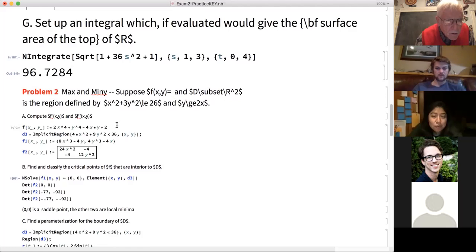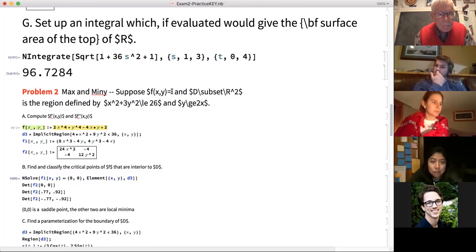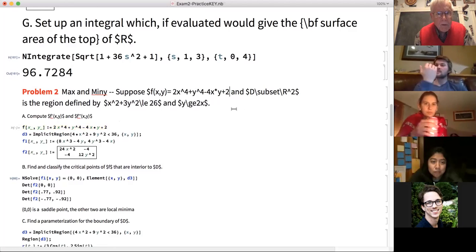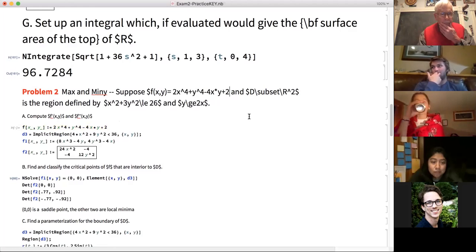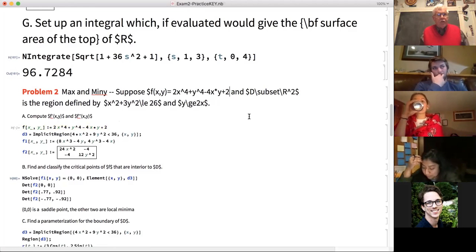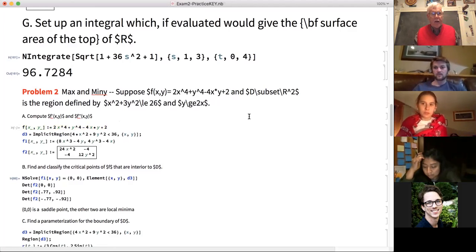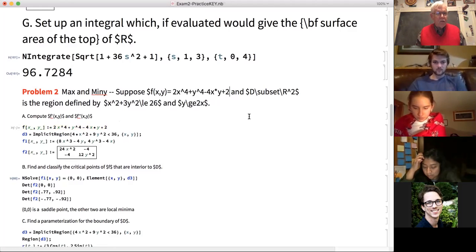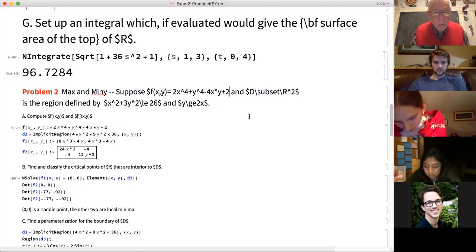I think you have it right in the code though. Oh yeah, I do. I'm going to put that in here. Okay, so make that change in yours. So this is the function that we want to maximize and minimize. And D is the region over which we want to maximize it and minimize it.